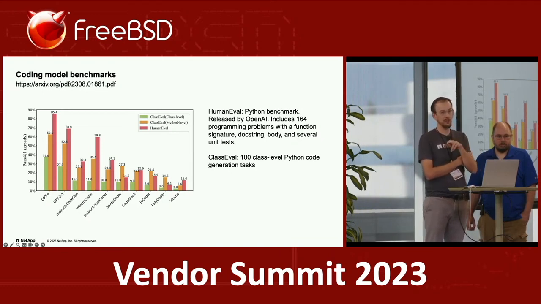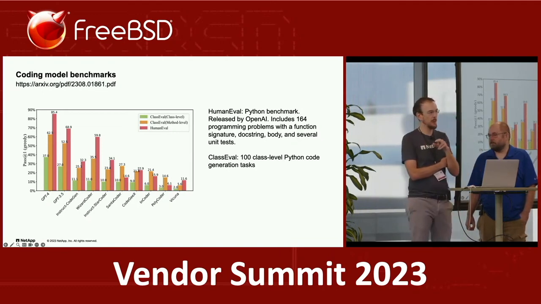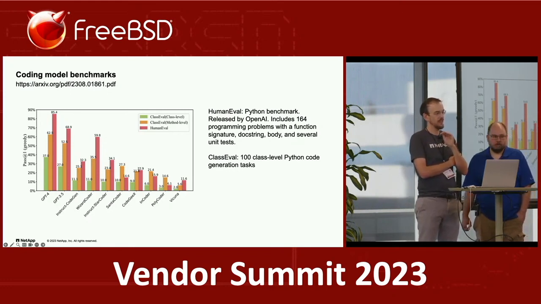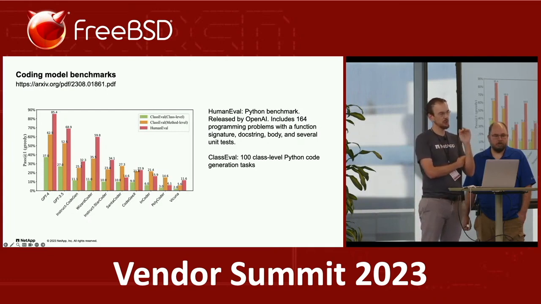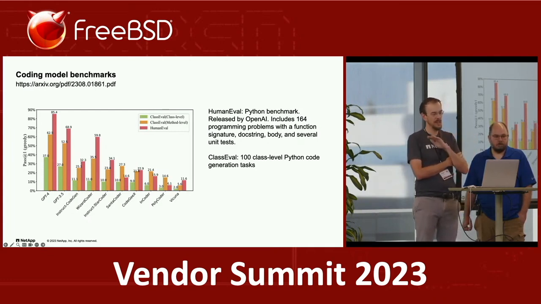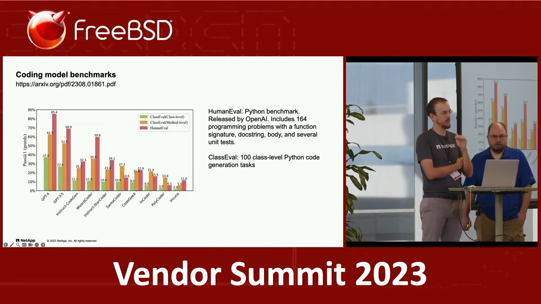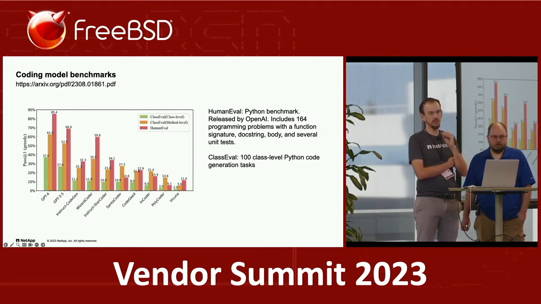And the other thing to see here is, look at the very first set of columns, for example, right? So the HumanEval result is 85 for GPT-4, but the ClassEval is only 37, right? So those models are not by any means perfect, right? It's very easy to trip them up. But they've got to a point where they can be useful, right? And we'll show you a bunch of examples of how to make them useful to you.